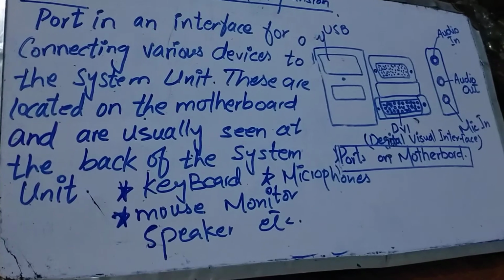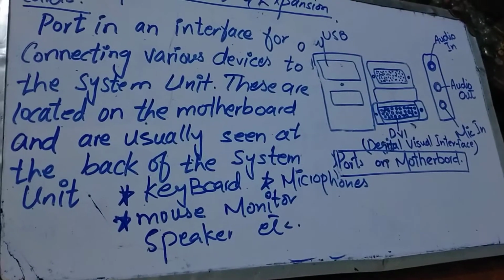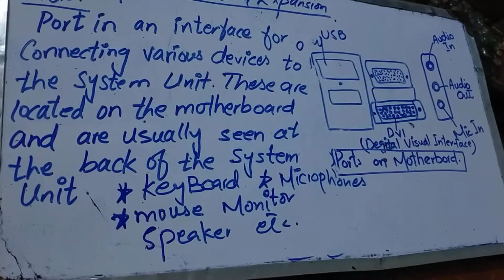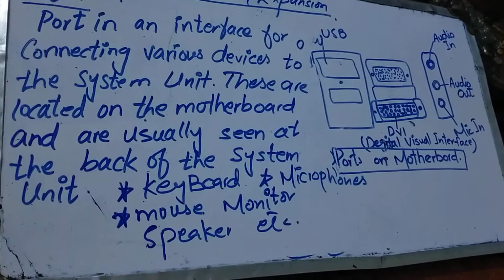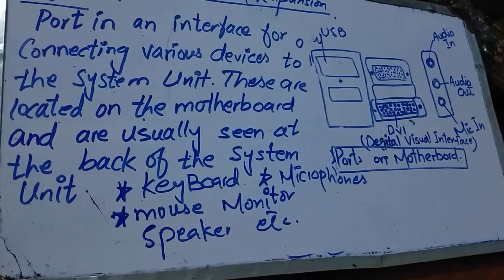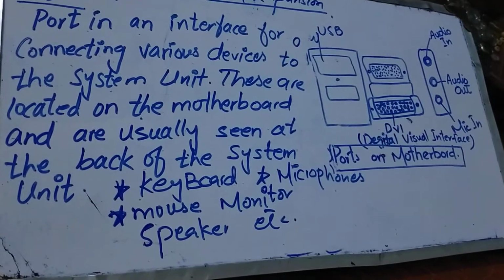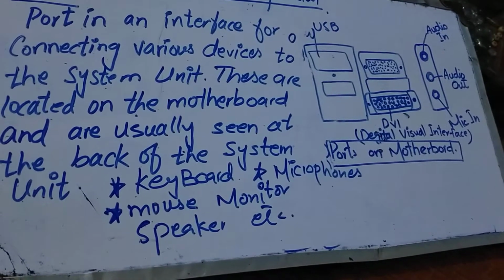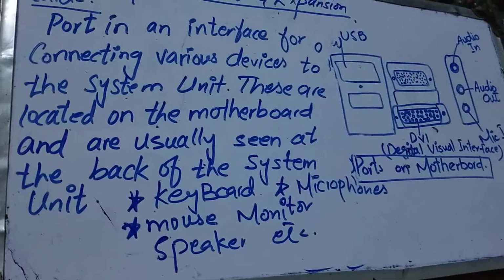Audio and LAN. LAN stands for Local Area Network. Ports are usually for connecting various devices to the computer. These devices include digital cameras, scanners, printer, external hard disk or DVD writer, and USB memory cards.